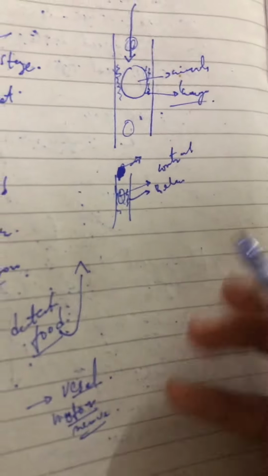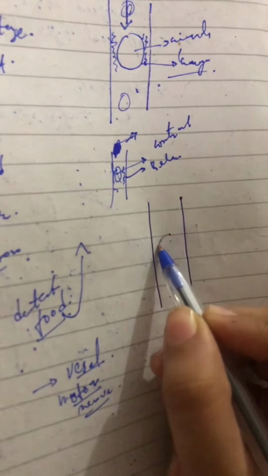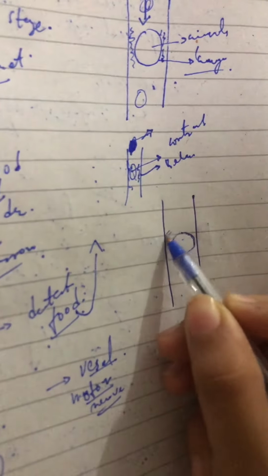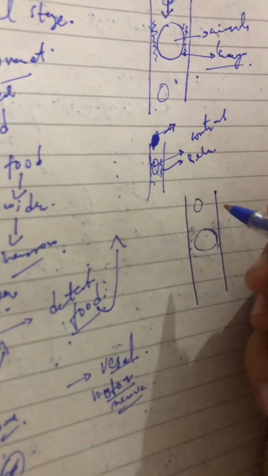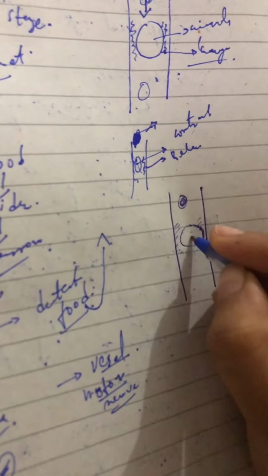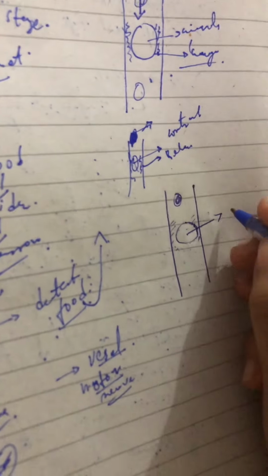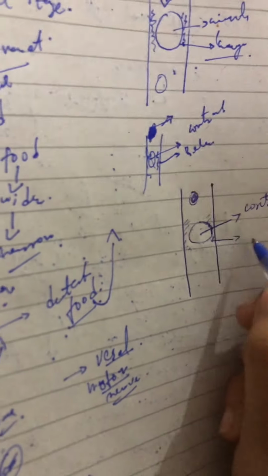So here I'm making again, this is the esophagus, and here circular muscles are present, here longitudinal muscles are present, and the bolus is here. When the bolus is here, these circular muscles are contracted and these longitudinal are relaxed.